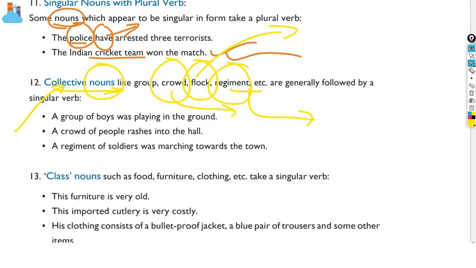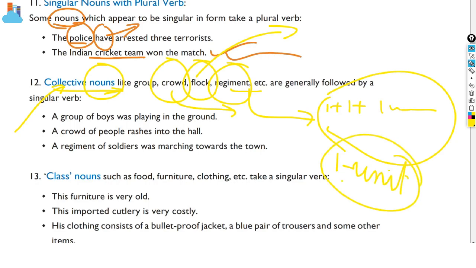Even though it is a regiment of the army or BSF jawans, a cluster of many people, 1 plus 1 plus 1 plus 100, even though they are regarded as being one unit. This is regarded as being one unit, and therefore this is singular.